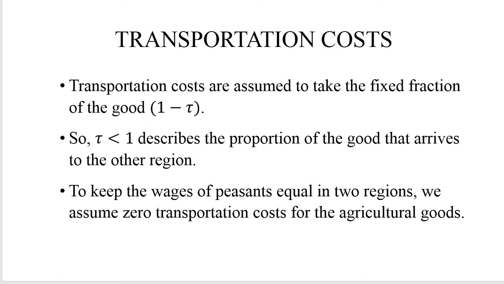At the same time, we have to impose kind of restrictive assumption. So in order to keep the wages of peasants equal in two regions, we have to assume zero transportation costs for agricultural goods. So basically we assume zero transportation costs for agricultural goods and non-zero transportation costs for manufactured goods.